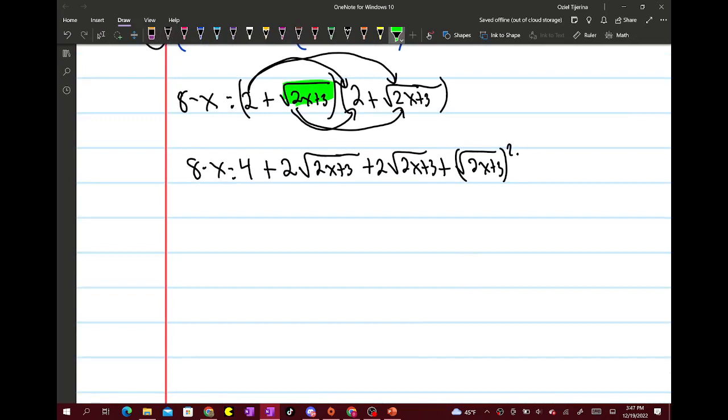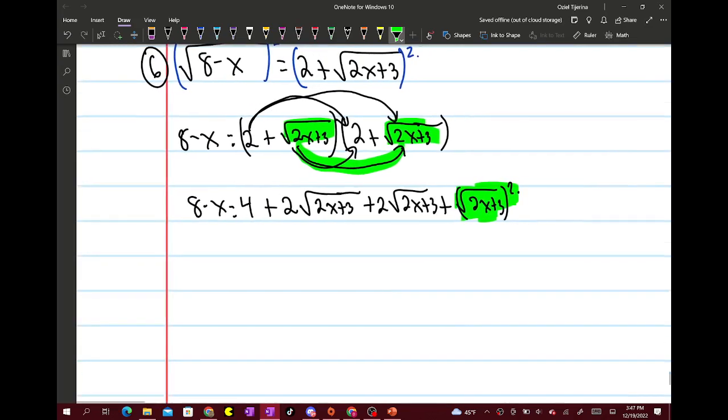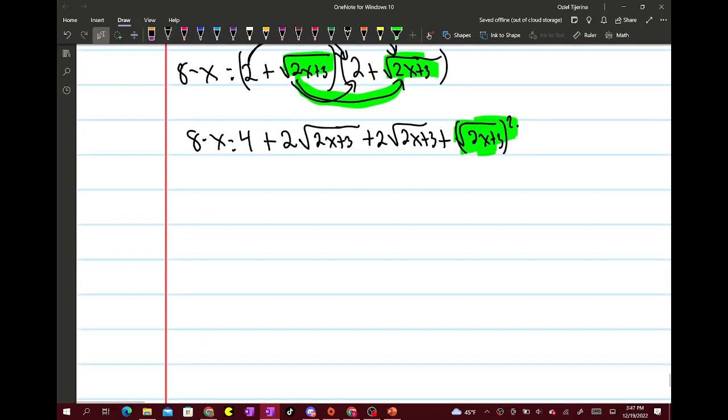You would have to really understand how to do the FOIL method to be able to get that.